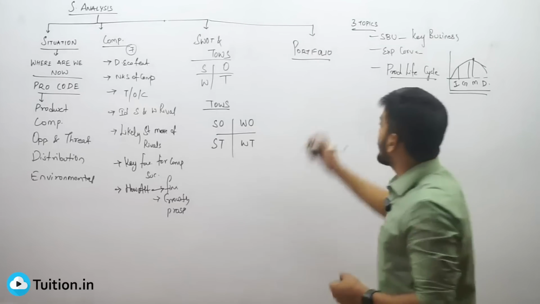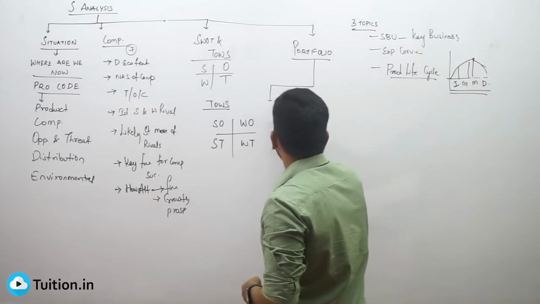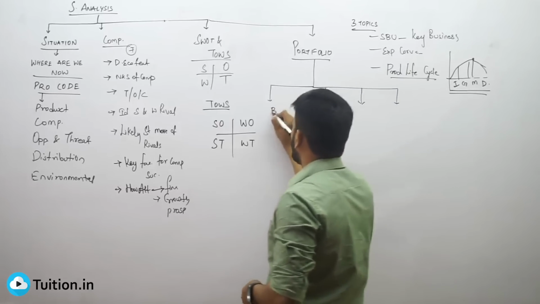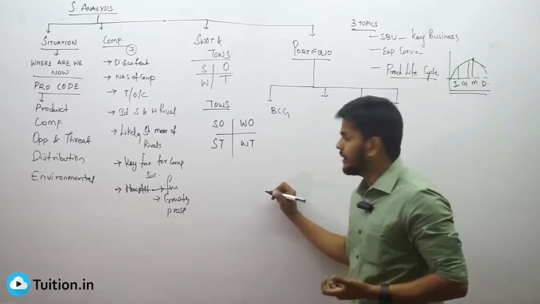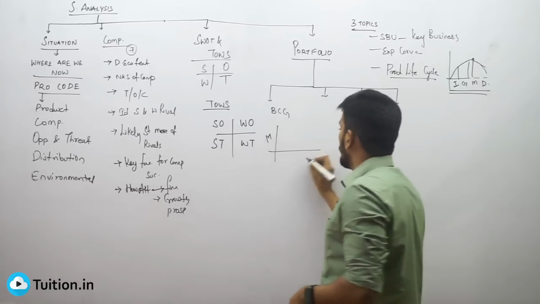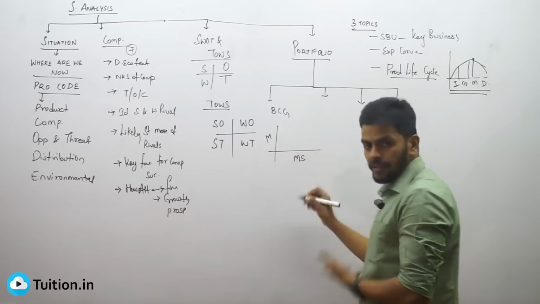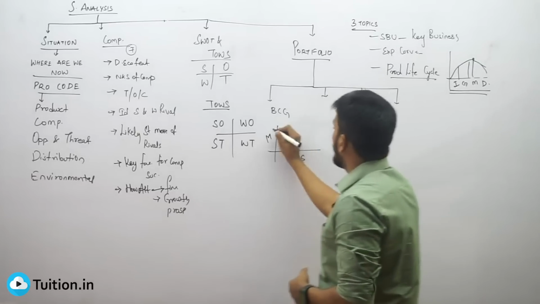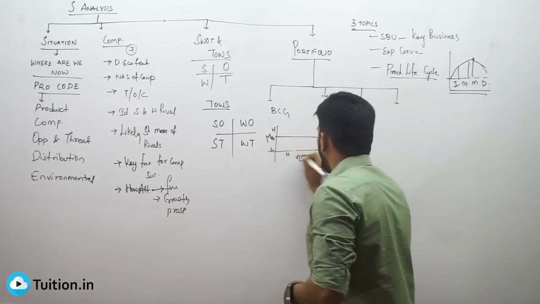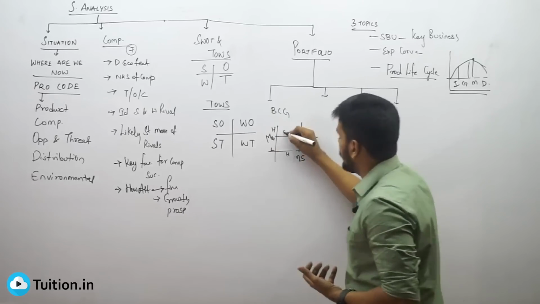Coming back to portfolio analysis, we have 4 theories in portfolio analysis. First of which is the Boston Consulting Group growth matrix. We were talking about 2 things: market growth on the vertical axis and market share on the x-axis. High and low market growth, high and low market share. High to high are called stars.